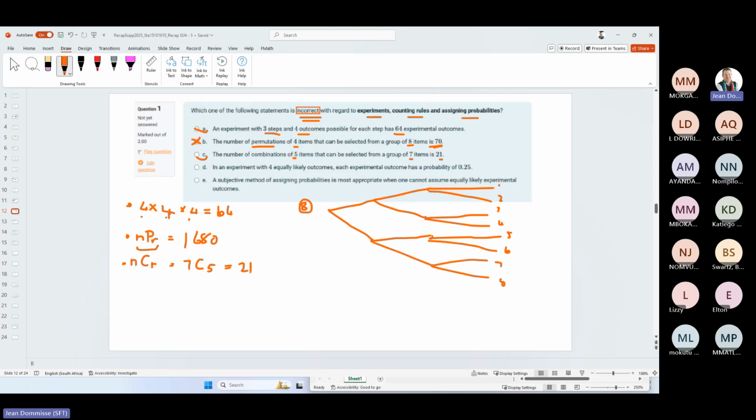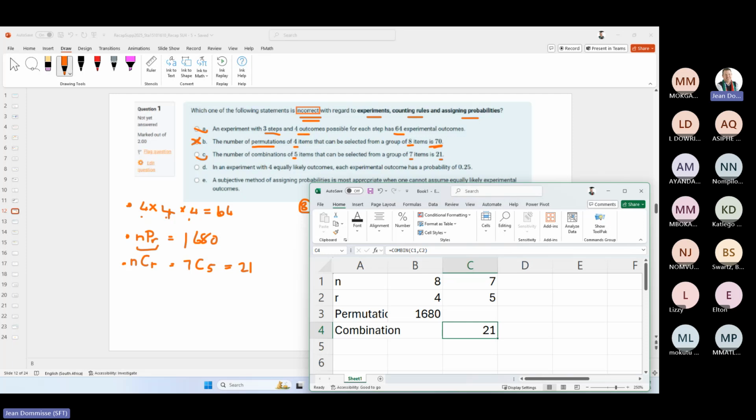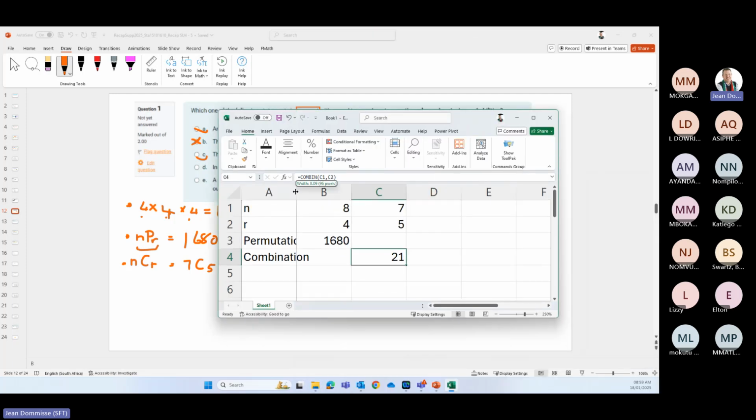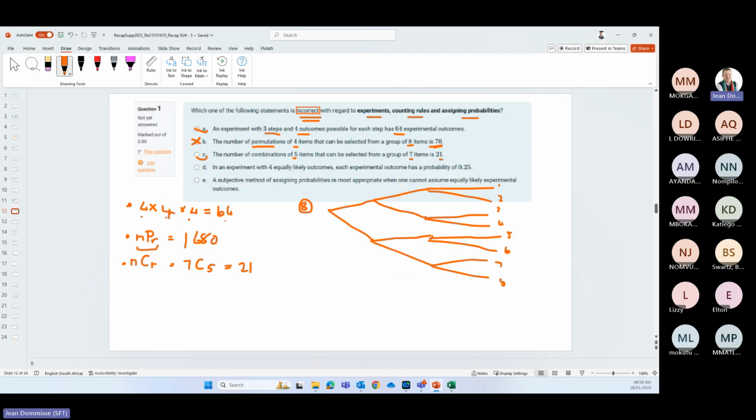Please use on your calculators, not your cell phones, the function NPR and NCR, and then the 1610, if you want to use the Excel spreadsheet, you can open a new one and then just type in this, because there are already built-in formulas for permutation and combination. Okay, so let's look at another one.